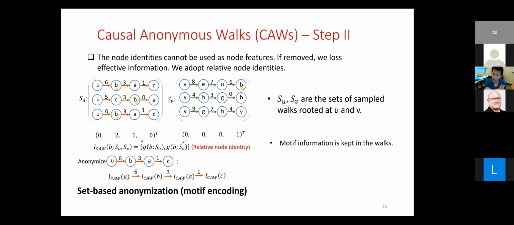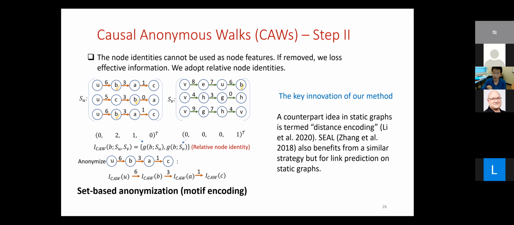This is actually the key innovation in our method, because previously people also used some anonymous walk methods to compute network embeddings, but the way of doing this anonymization is totally different, and only our way can capture the motif structures, and especially measure the correlation between the different motifs. Previous ones cannot.